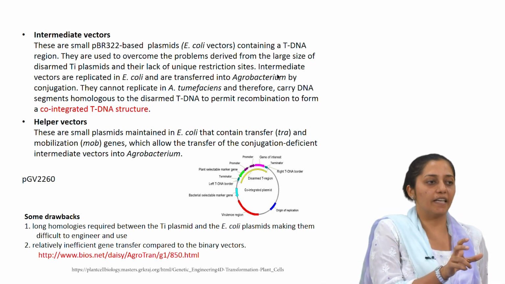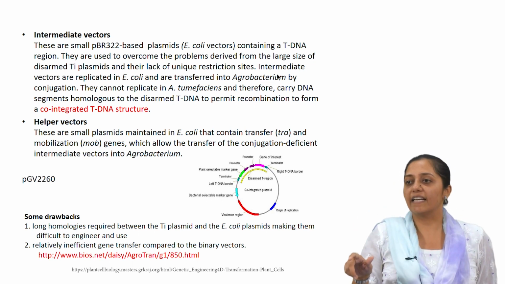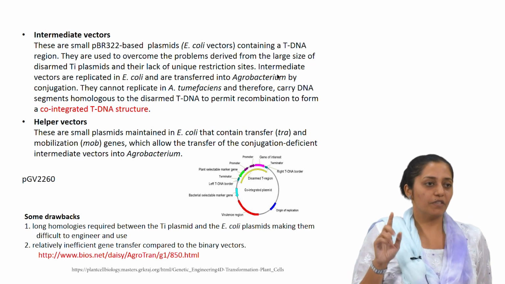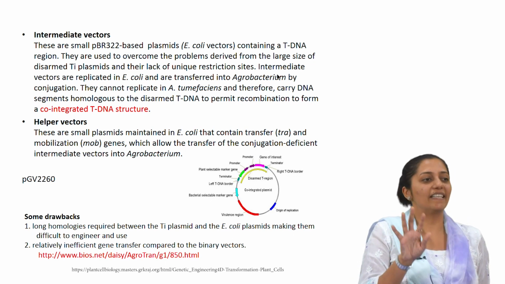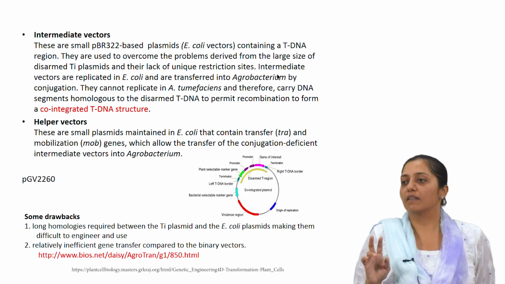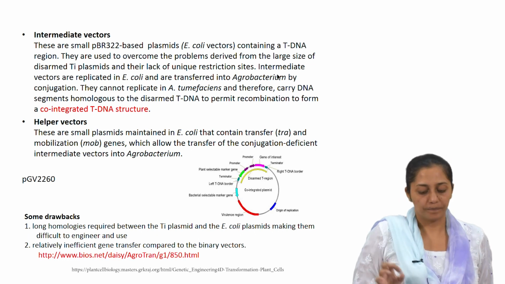The T-DNA where your MCS region is gets integrated into one single plasmid, which can then act as a complete Ti plasmid for the transformation to happen in the plant cells. So it is called a co-integrative plasmid.